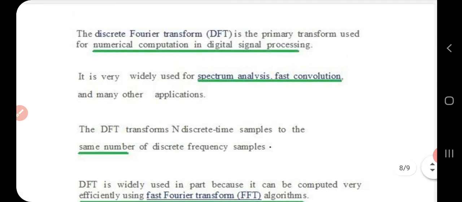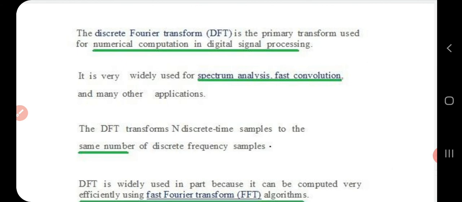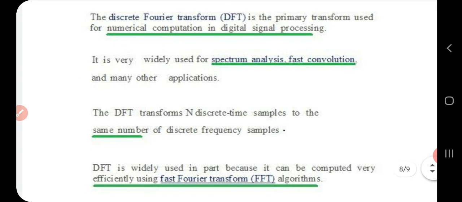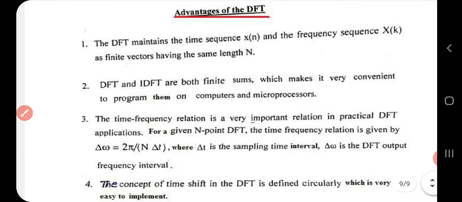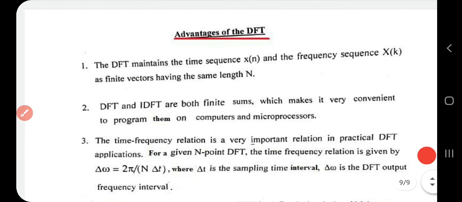It is mainly used to solve partial differential equations, then for numerical computation in digital signal processing, then for spectrum analysis, fast convolution, and it is also very easy to calculate DFT by using FFT algorithms.